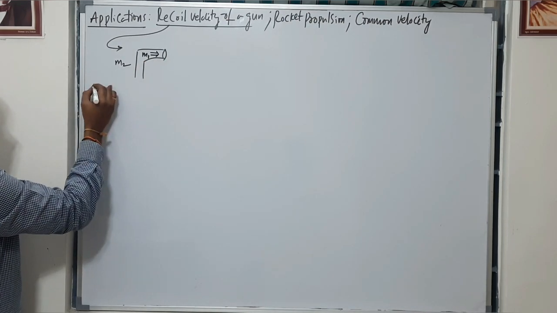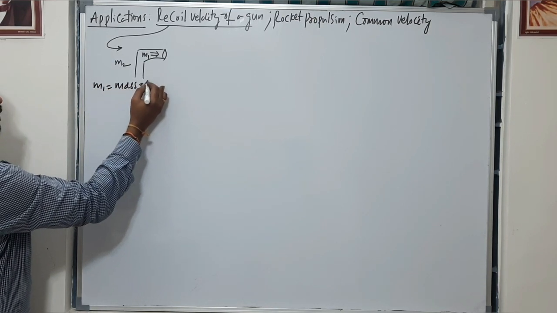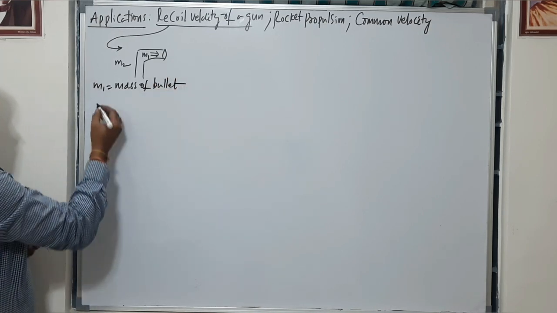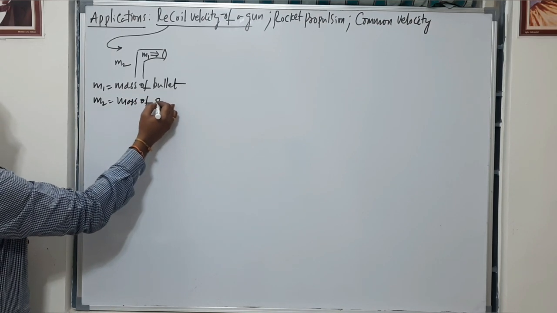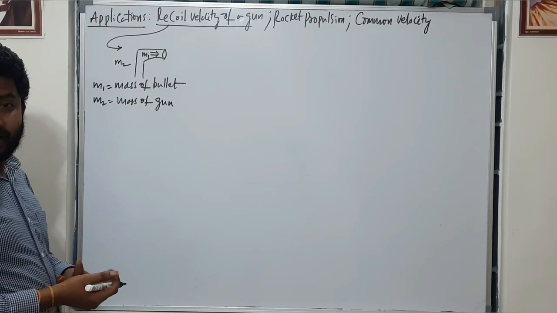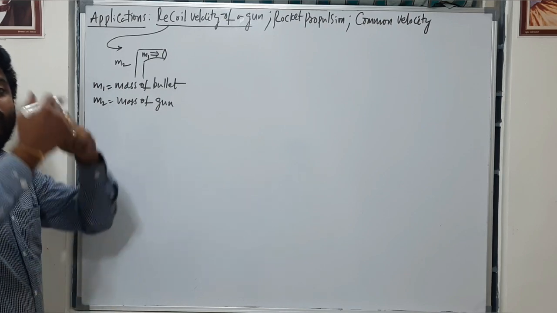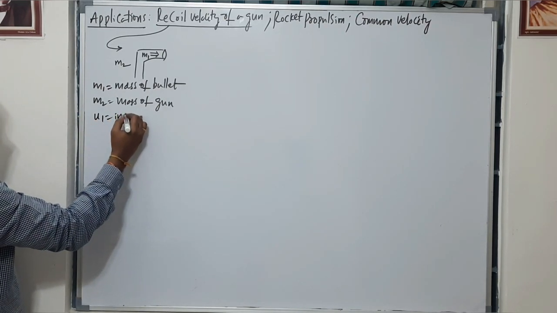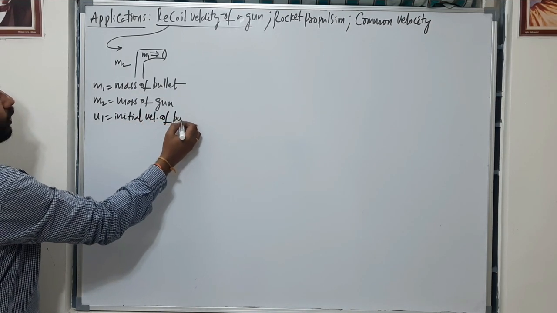So what I am writing, m1 is the mass of the bullet, m2 is the mass of the gun. Okay, and before firing, the initial velocity of the gun and the initial velocity of the bullet will be 0. Yes or no? So let me write, u1 is the initial velocity of the bullet.